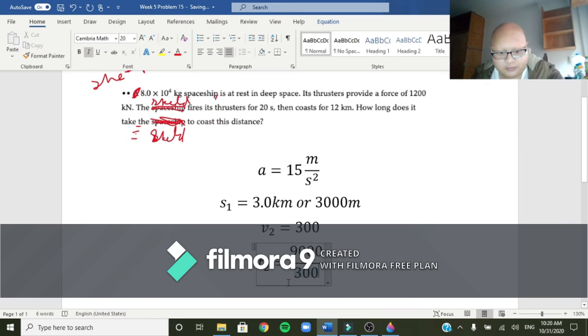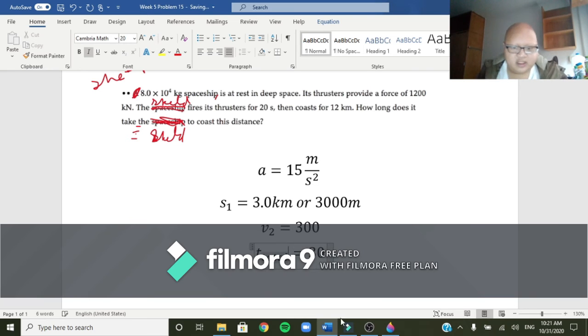Now we can find T2. We can cancel out the common zeros, and then we get 90 divided by 3, and that's 30.